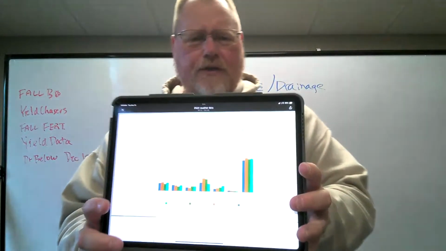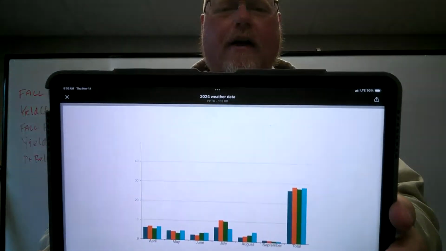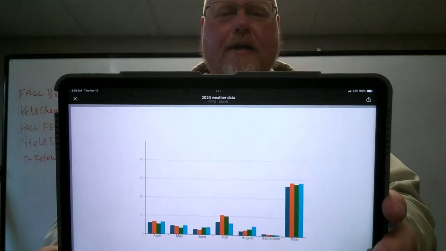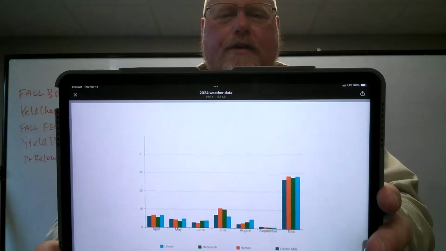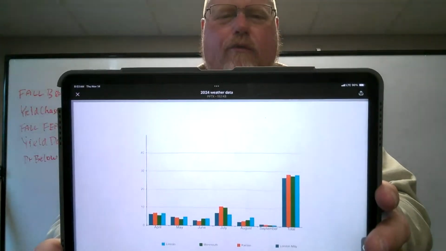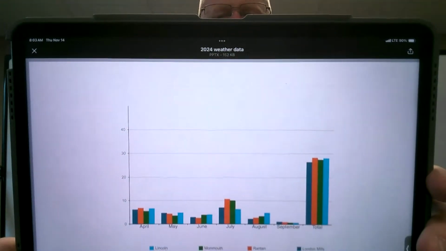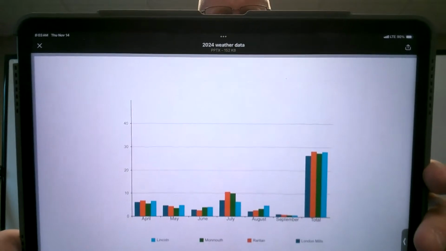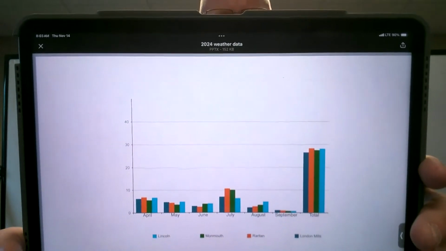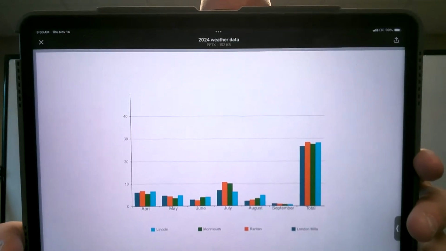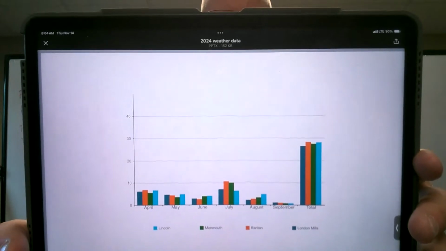So this first graph we're going to look at is April, May, June, July, August, and September, and total growing season rainfall for those four farms. The four farms are labeled London Mills, Raritan, Monmouth, which would just be the closest towns to where they are, and Lincoln.